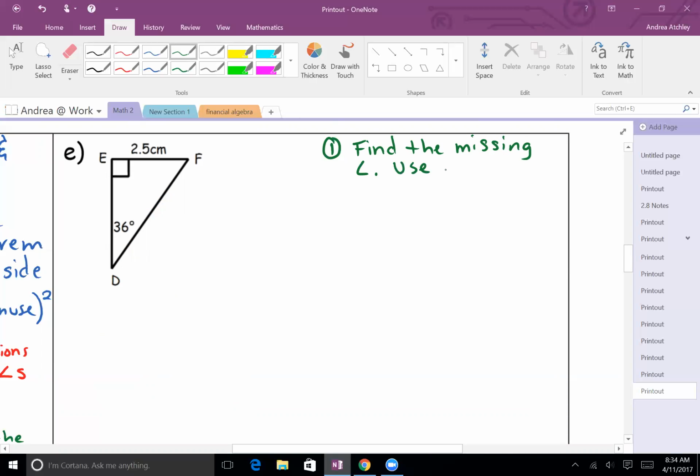Use the measure of angle D plus the measure of angle F to equal 90 degrees. The two non-right angles in a right triangle are complementary, they add to 90 degrees.